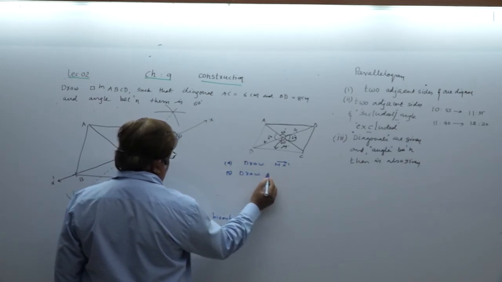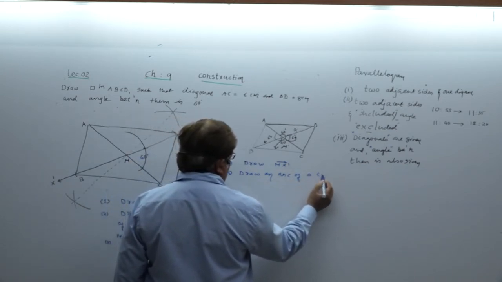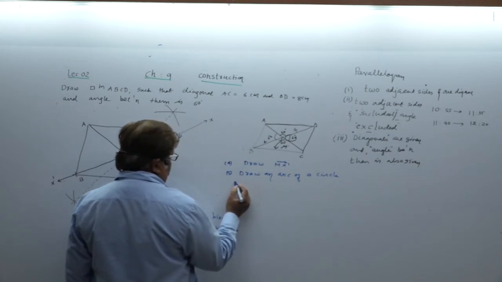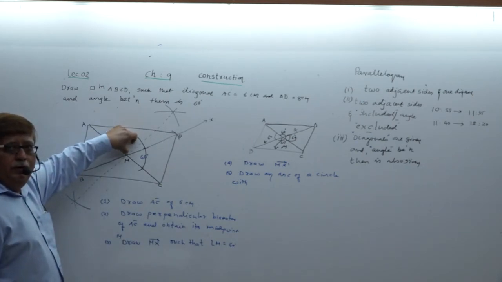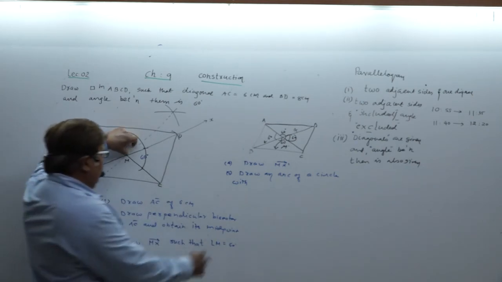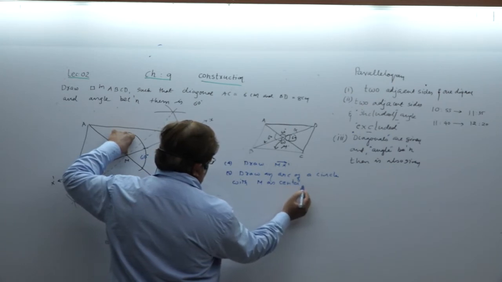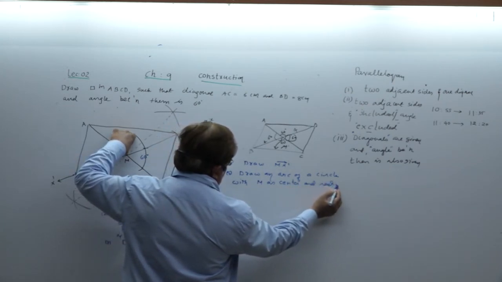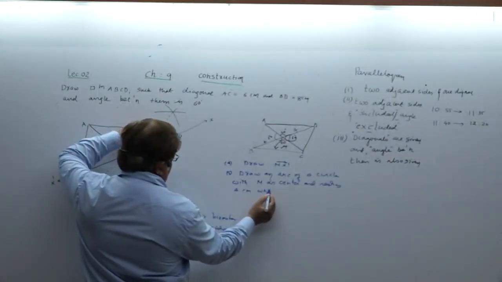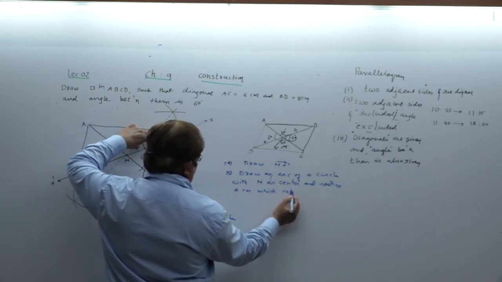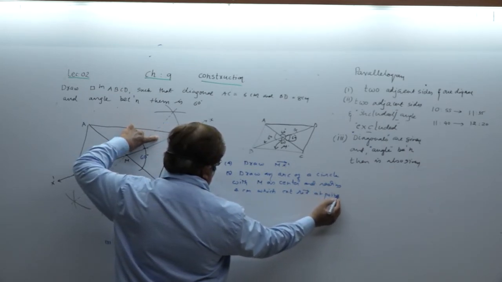Draw an arc of a circle with M as center and radius, as you all know, 4 centimeter, which cuts or intersects ray MX at point D.